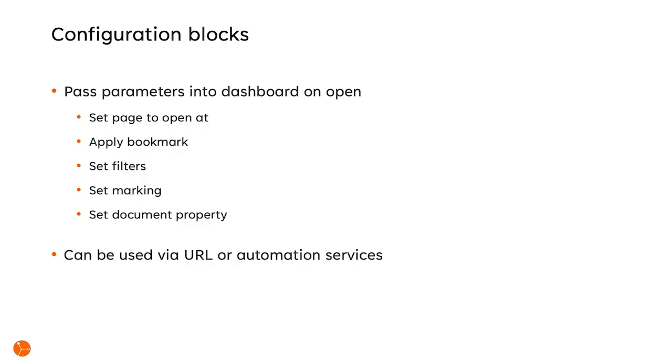These are the kind of things that configuration blocks can help us with. What they do is you can pass filters into a dashboard when it opens, and you can do things like set which page you want the dashboard to open at, apply a bookmark, set filters, set marking, or set some document properties. And you can use these configuration blocks either via URL, or you can use automation services, which I'll cover.